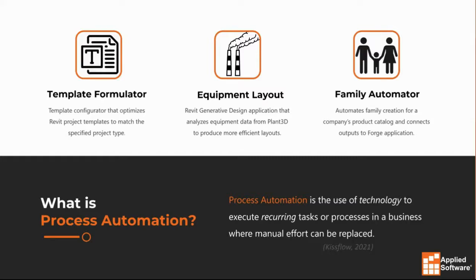And the last is a project that I just wrapped up, honestly, last week. I had some revisions to make last week, but it's a family automation tool. A company has a giant product catalog with thousands of products, and they needed to take them into Revit. We built a Dynamo-powered tool to automate the creation of all the content in Revit.